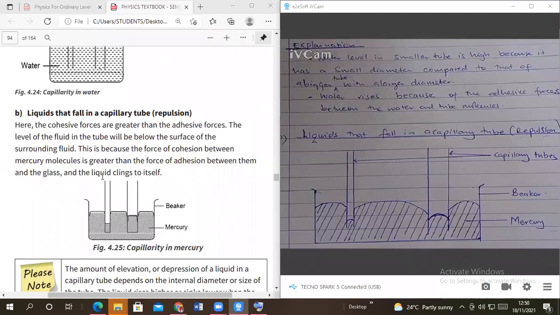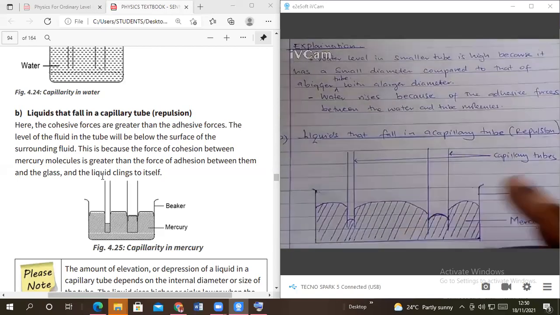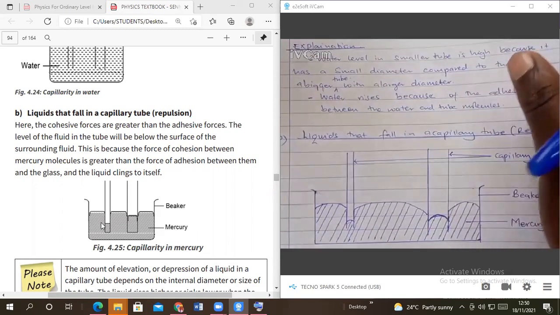So if you repeat this experiment and put these capillary tubes in mercury in a beaker, you observe a bigger depression in a smaller capillary tube and a less depression in the larger tube.